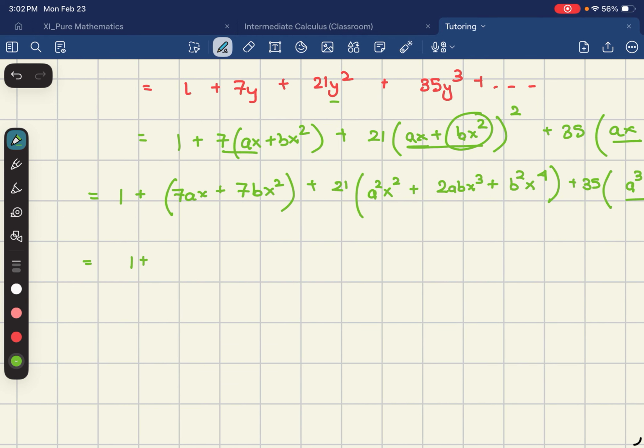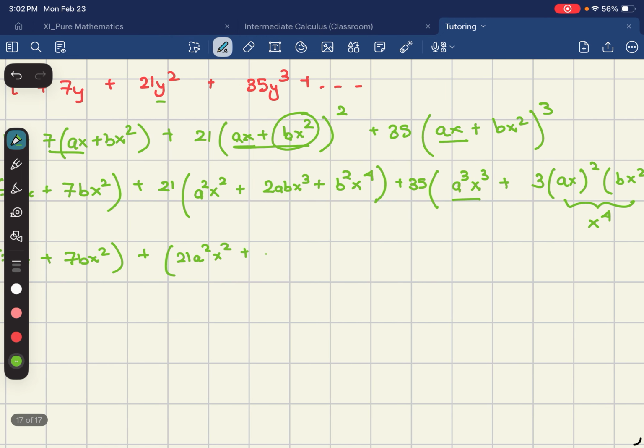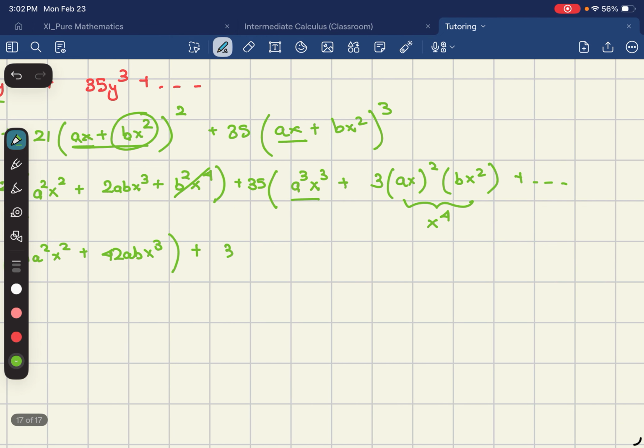So now I can add these. I can simplify. 1 plus, I have 7ax here, plus 7bx squared, plus 21a squared x squared, plus 42ab x cubed. I don't need this because x to the power 4 is not required. And I have 35a cubed x cubed.